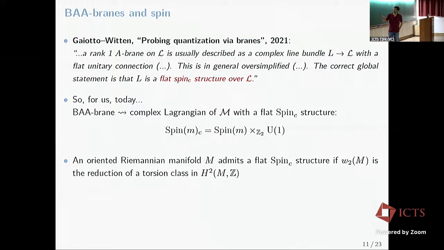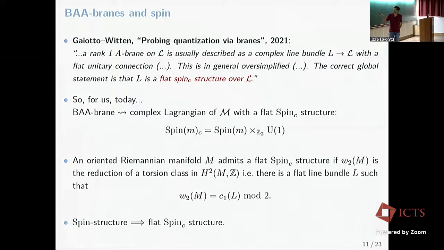An oriented Riemannian manifold admits a flat spin^C structure if its second Stiefel-Whitney class is the reduction of a torsion class in H^2(M,Z). In other words, this w_2(M) is the first Chern class of a flat line bundle. Okay, this is the obstruction.